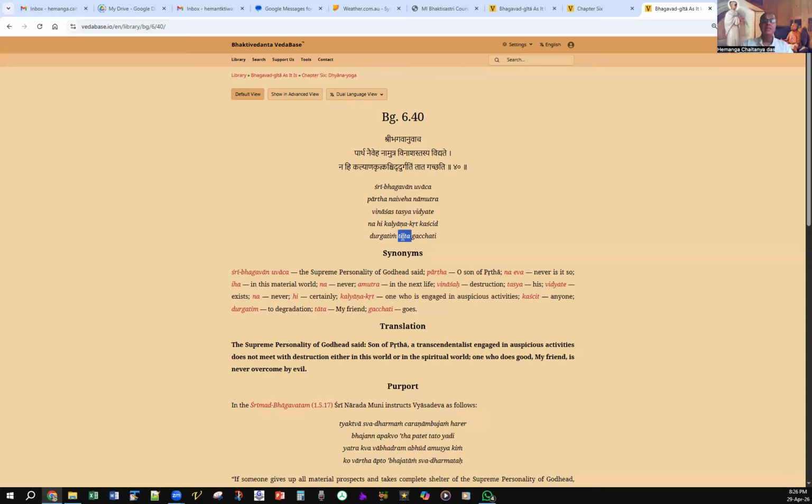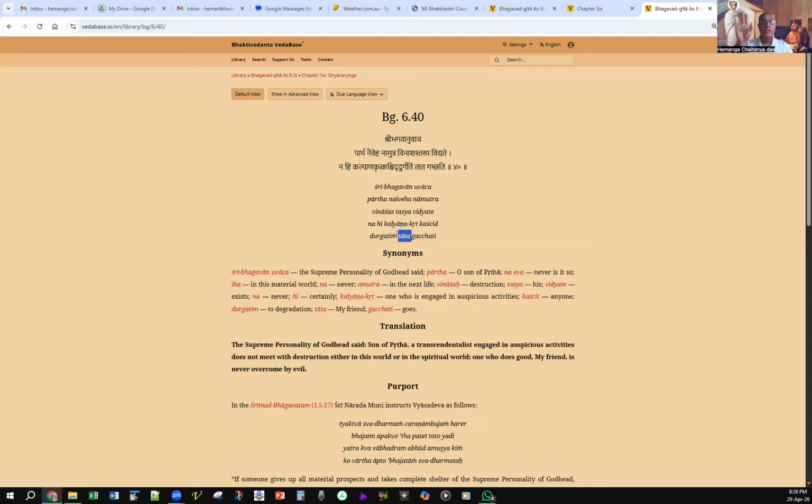So he's saying, my dear friend Arjuna, durgatim na gacchati, he will never get into durgati. Durgati refers to an inauspicious destination. So before responding to Arjuna's question, Krishna is stating a general principle of assurance: Arjuna, be assured. Mad-bhakta na pranashyati, pratyavayo na vidyate, vinashas tasya na vidyate, durgatim tat na gacchati.